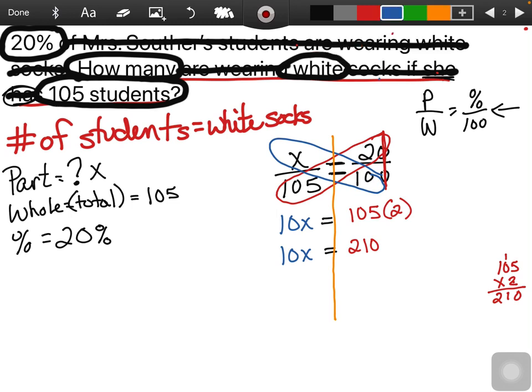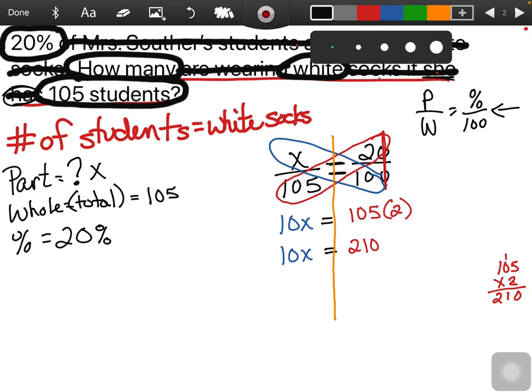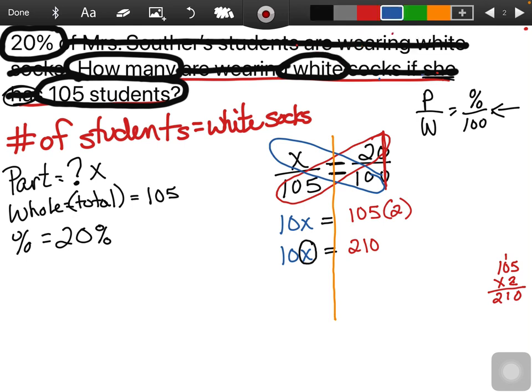Okay? Now, my ultimate goal is to isolate my variable. Isolate means to set it aside all on its own. And the variable is this unknown x right here. Well, in order to do that, I have to get rid of whatever's next to it, and I have to do the opposite, the inverse operation.